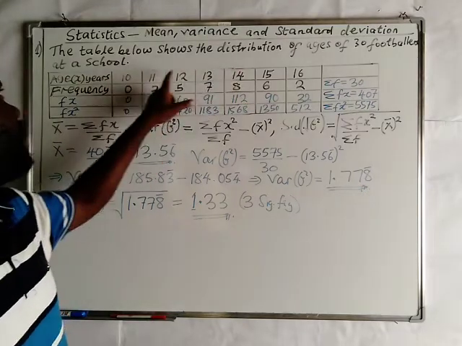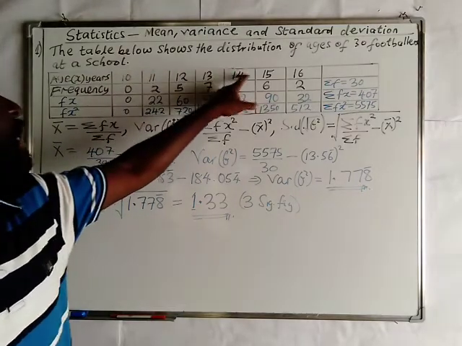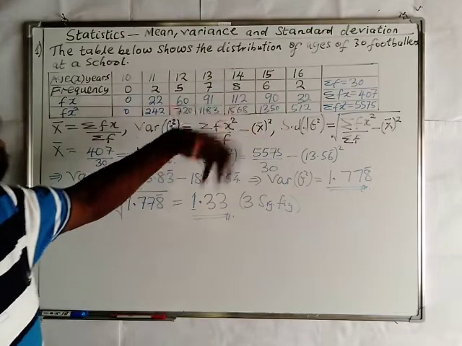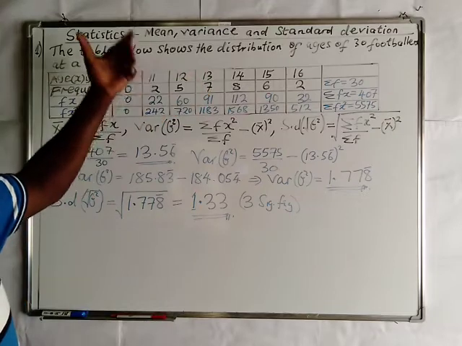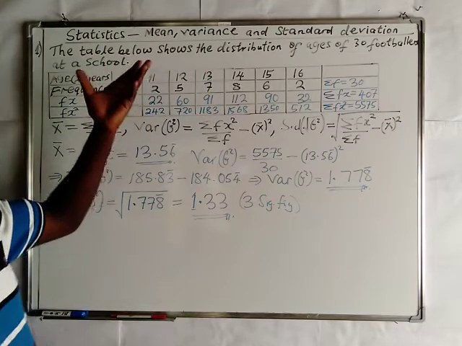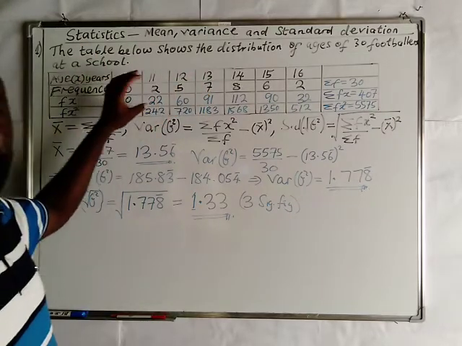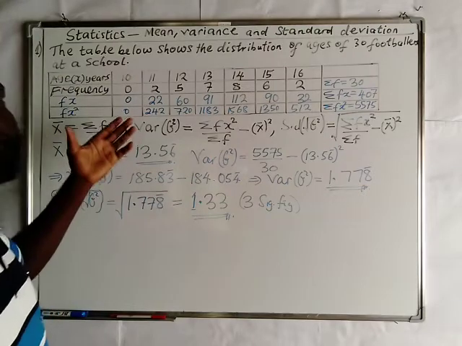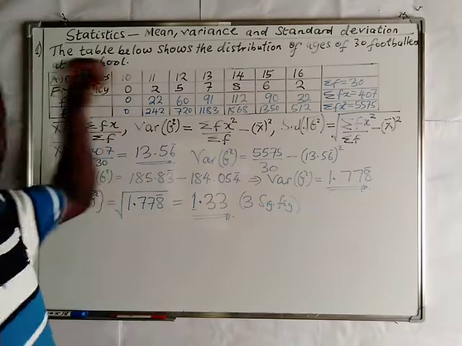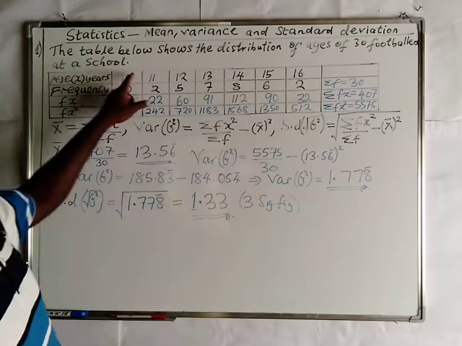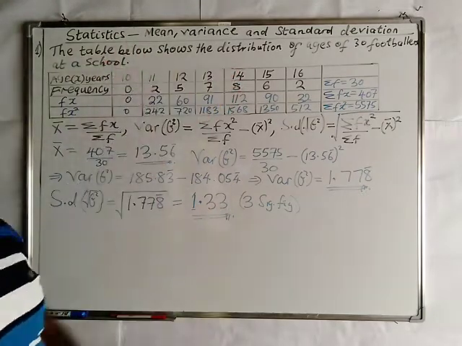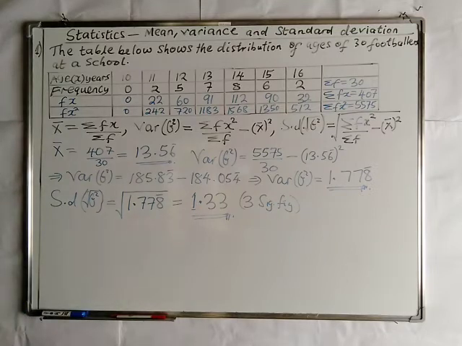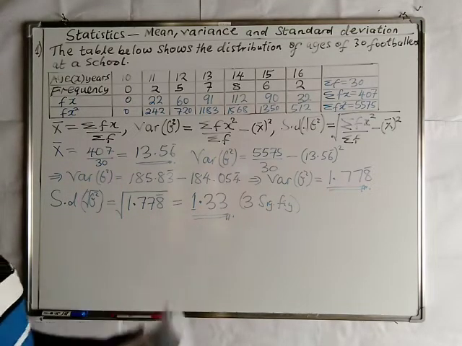So we have been helped a step further, because if we were given this in intervals, we would first find the midpoint. Here, you just take these individual measures as the midpoint. Then you use them to get the mean, the variance, and the standard deviation.